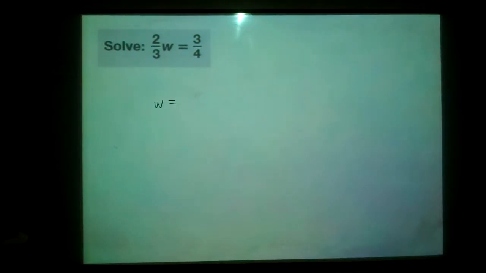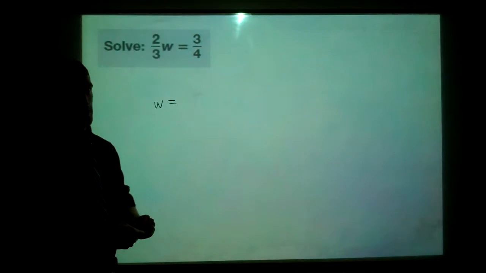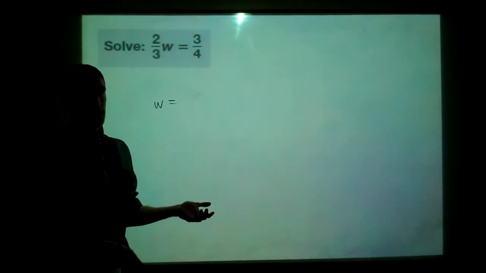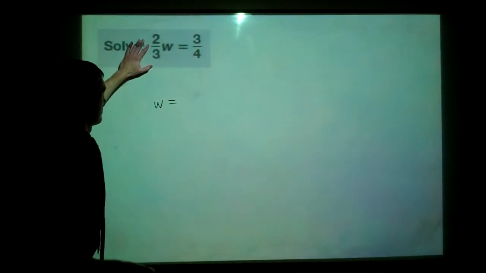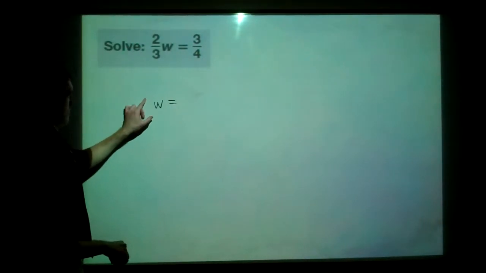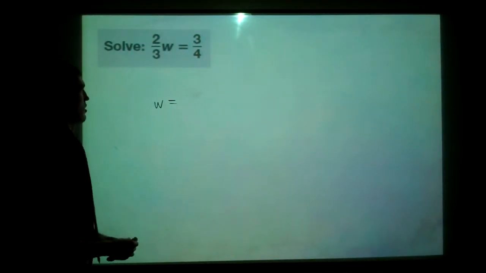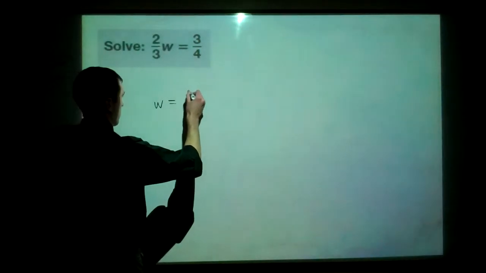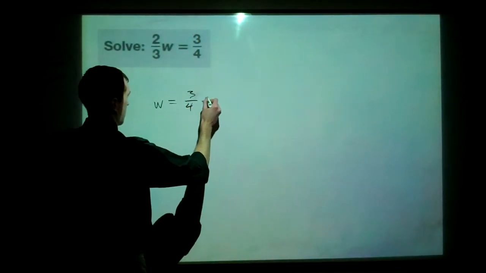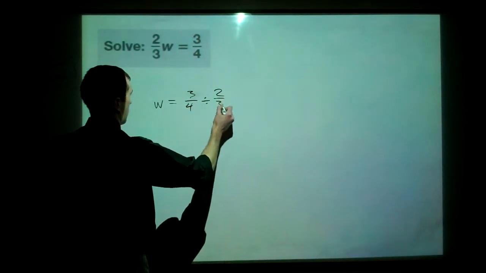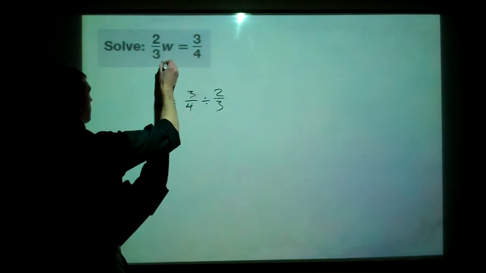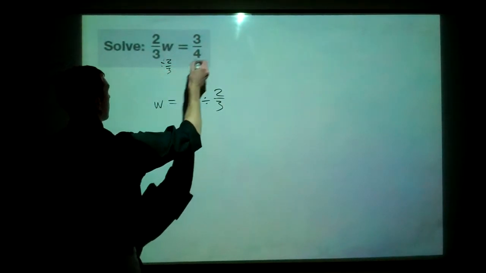Because whenever we divide by the same thing, we just get 1. Like 2 divided by 2 is 1. 3 divided by 3 is 1. 100 divided by 100 is 1. So 2/3 divided by 2/3 is 1 times W, which is just W. But we also have W now equal to 3/4 divided by 2/3. So we had to do that on both sides.